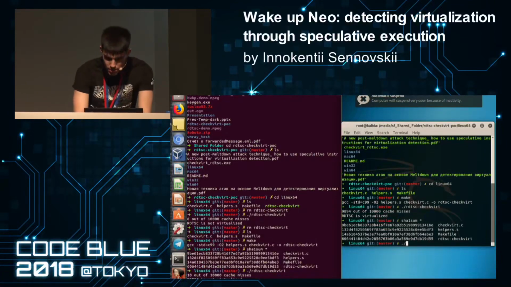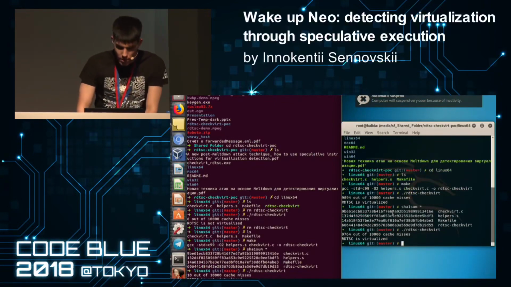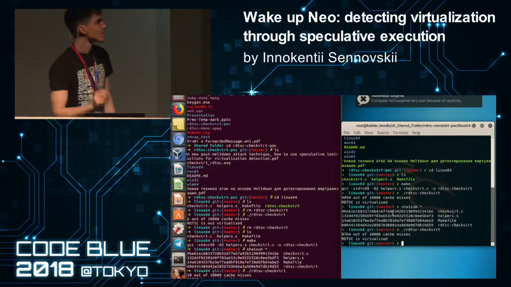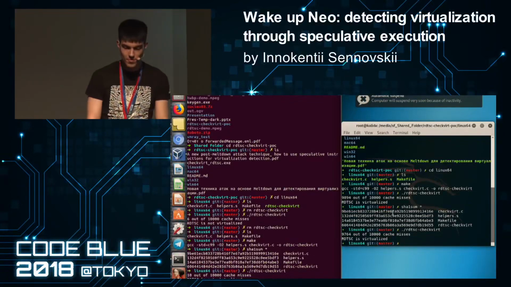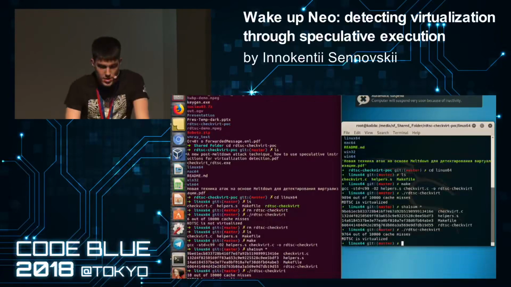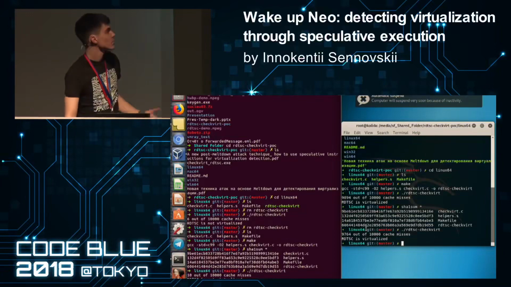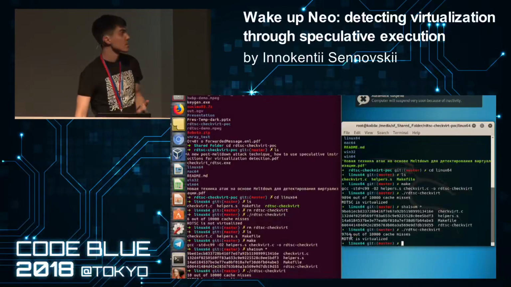Now let's try to execute the same program under virtualization. First, you saw how it took a little bit more time. That's because there was no cache, so basically that was one of the differences. The second one is that obviously RDTSC is not executed speculatively, so we have lots of cache misses.